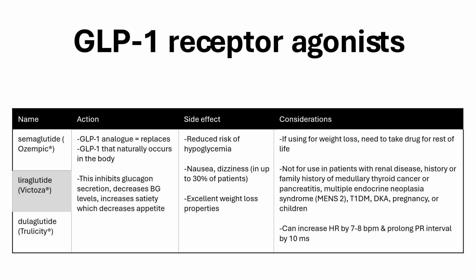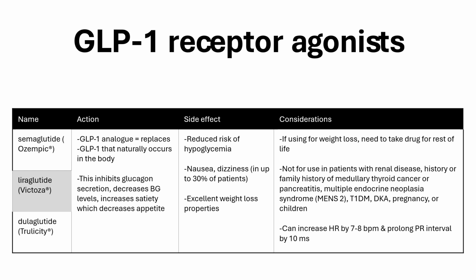The GLP-1 analog replaces GLP-1 that naturally occurs in the body. When we eat, we have to tell our pancreas that it needs to release insulin, and we also need to tell our brain that we feel full.